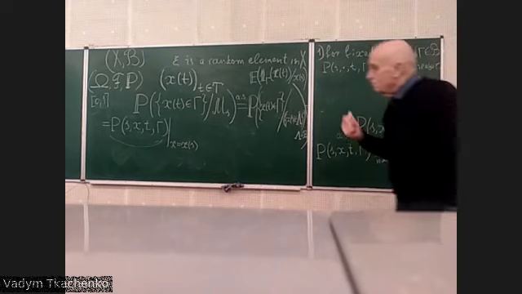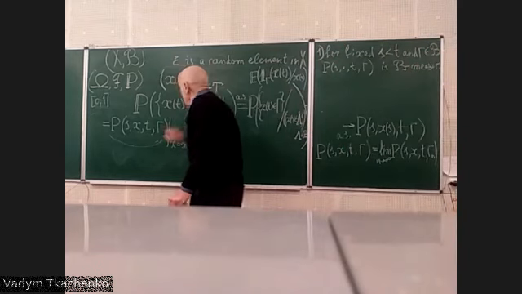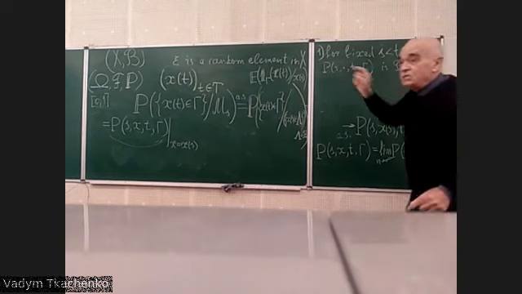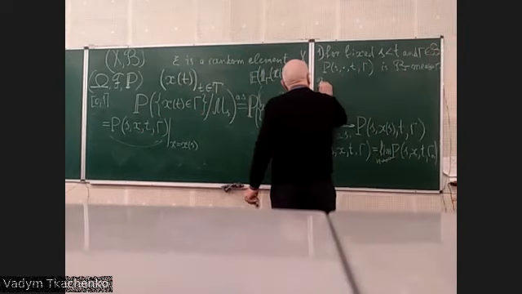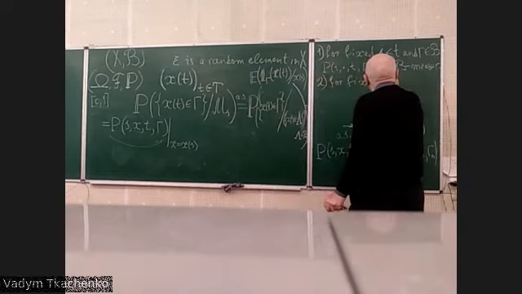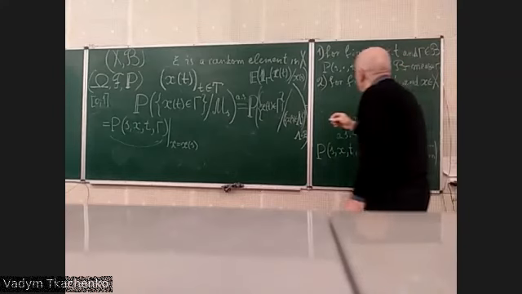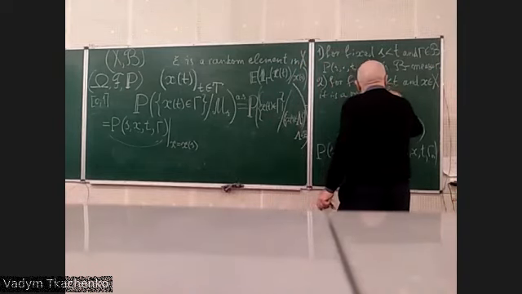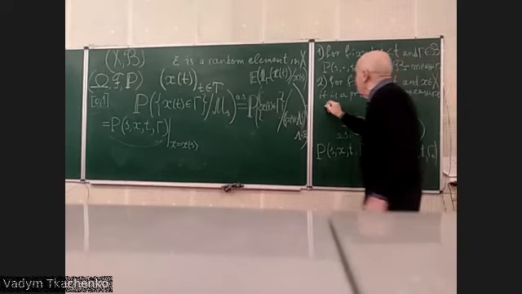I would like to choose such a version of this function that satisfies the following conditions. The first one, it is measurable. And the second one, for fixed s less than t and x from X, it is a probability measure on B.